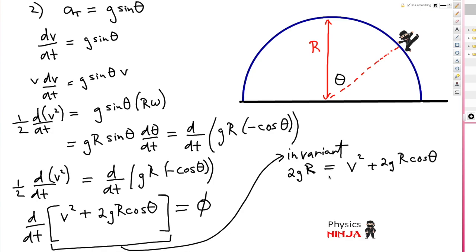Okay. Again, now if we group together the terms, what we're going to get is an expression for v squared. So 2gr(1 minus cos theta) equals v squared.